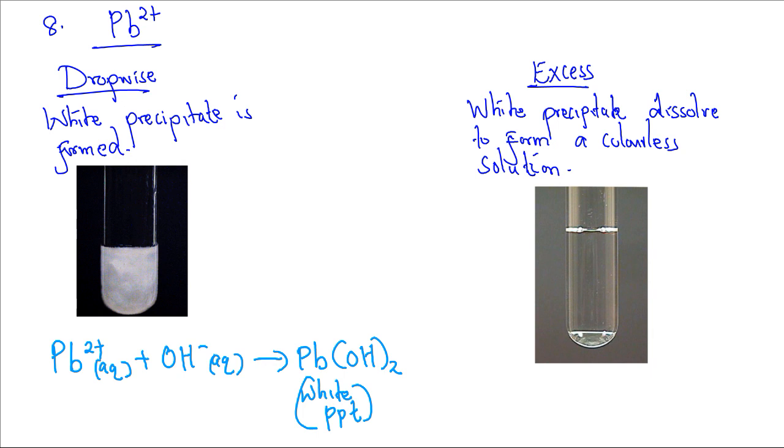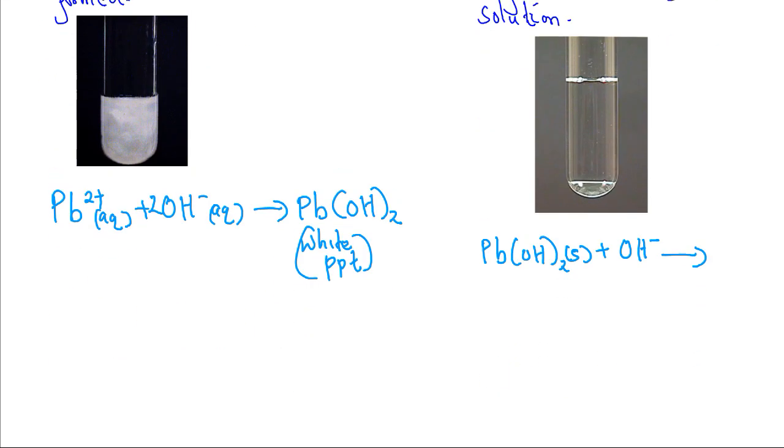Then this white precipitate reacts with excess hydroxyl ion to form a complex ion, and that is what is responsible for the colorless solution. So this is colorless.